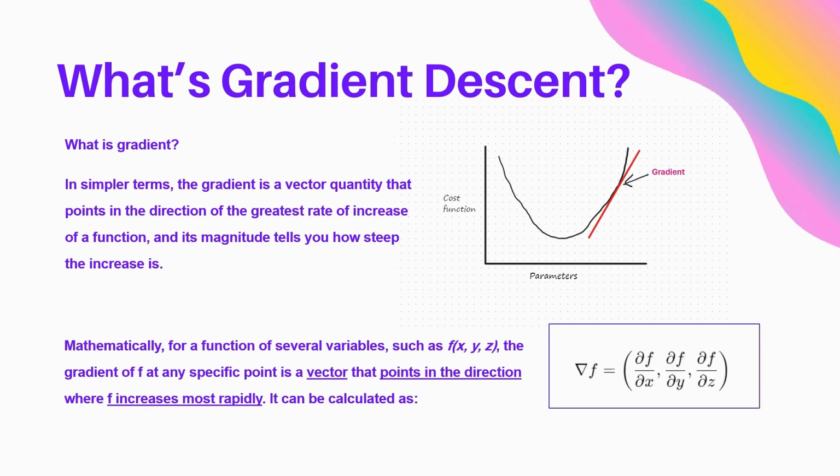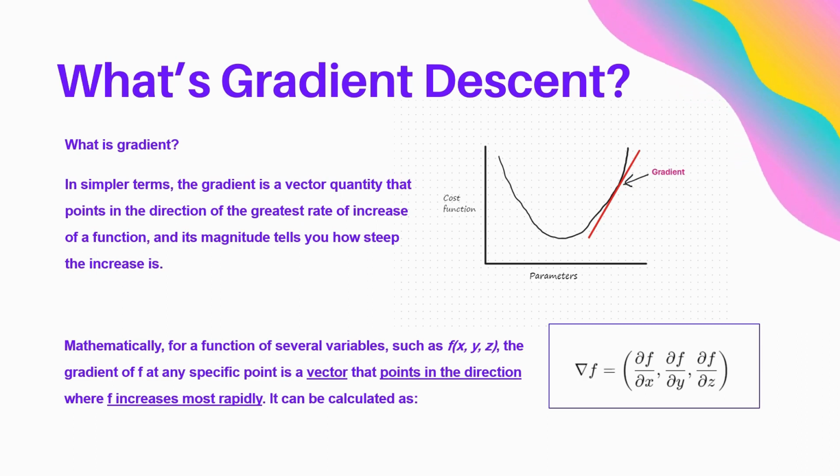From the mathematical perspective, the gradient is essentially a partial derivative of a function with respect to the different variables.